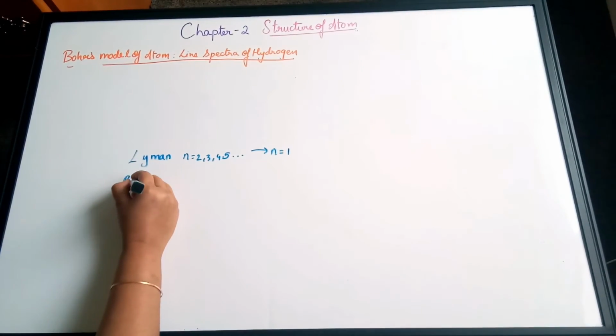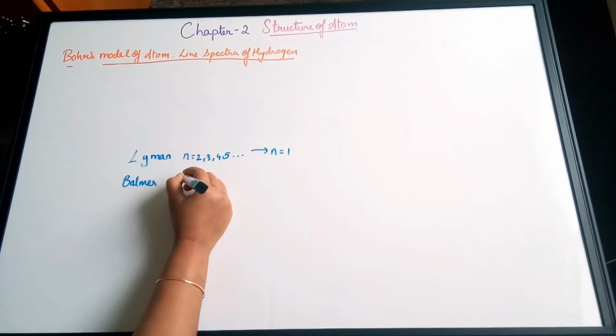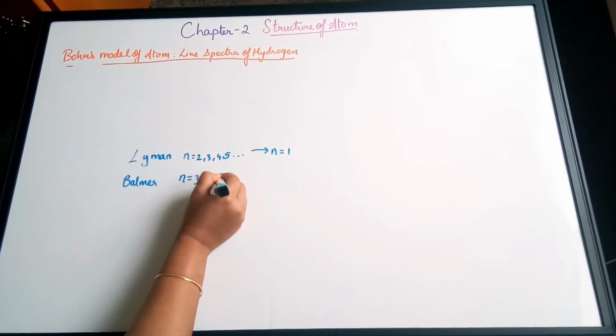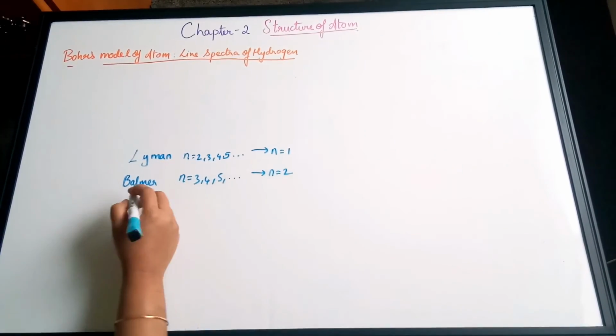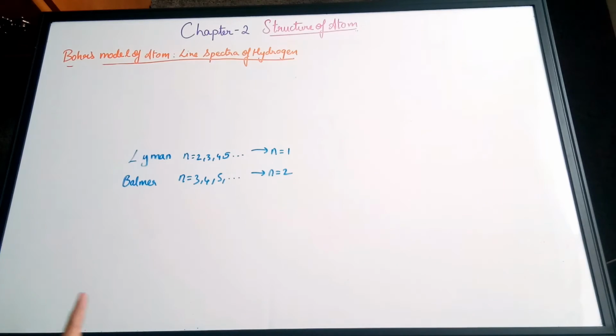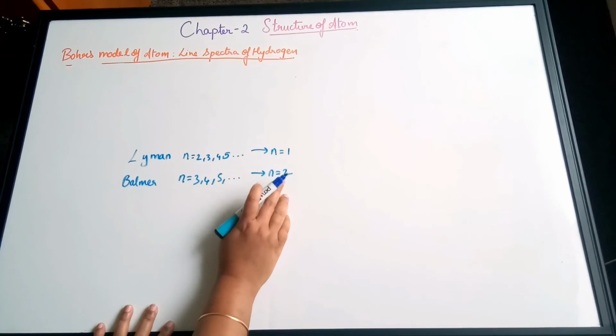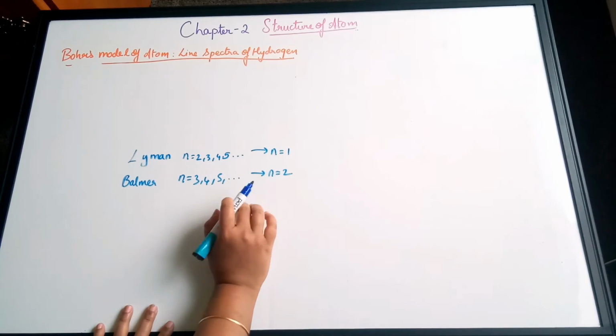Balmer series is formed because of n equals 3, 4, 5 and so on to n equals 2. If you remember, we learnt all of this in our Rydberg equation as well, where we studied the values of n1 and n2.